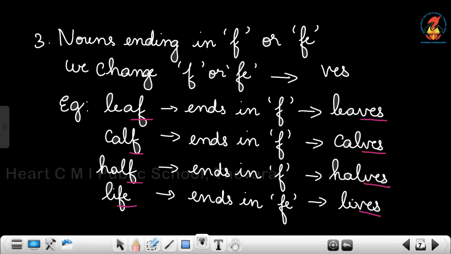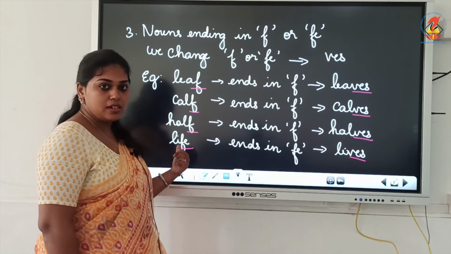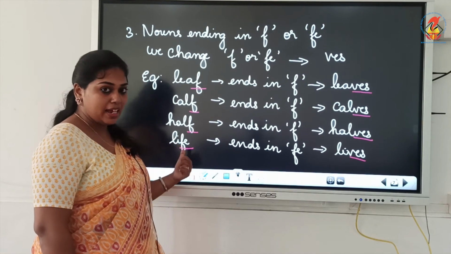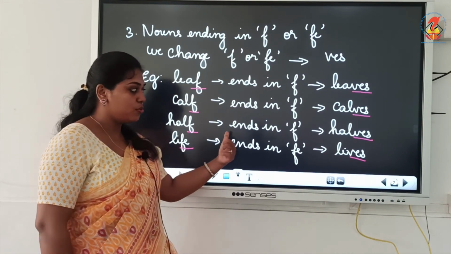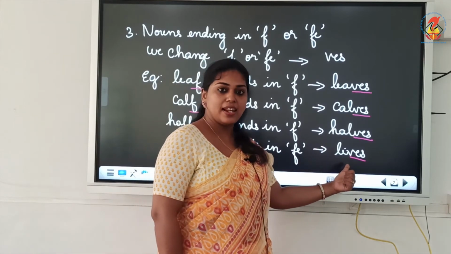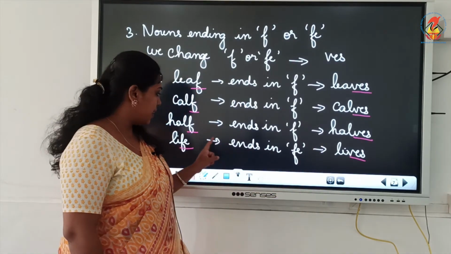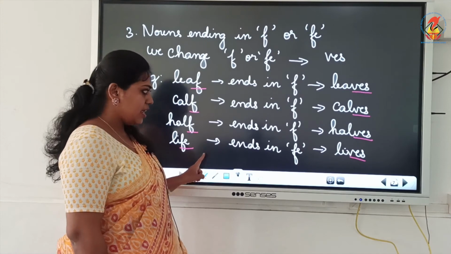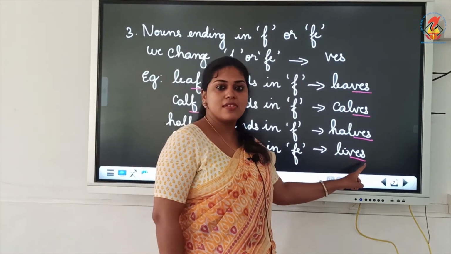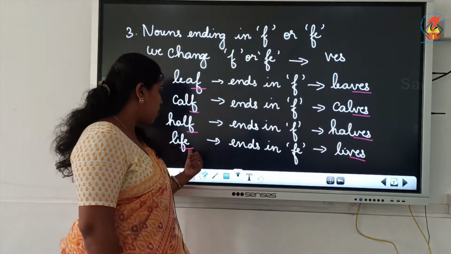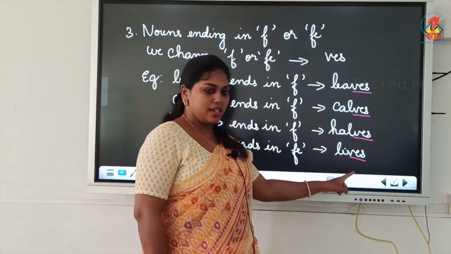So, life is the singular form, and it will be changed to the plural form by writing lives. Here we cut F and E and write VES. So, the plural form of life is lives.